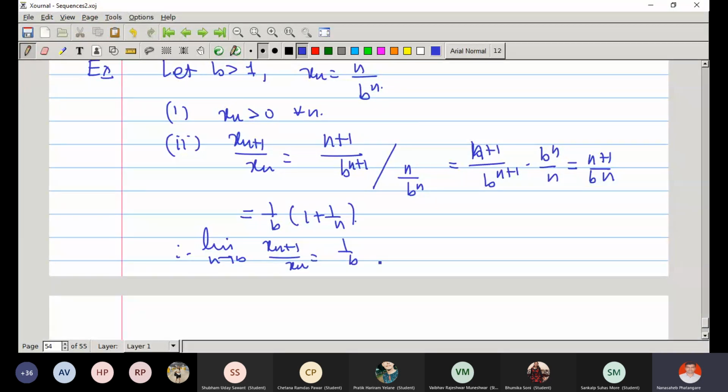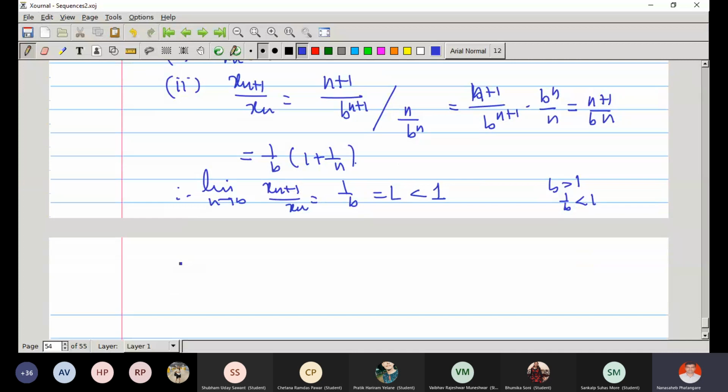And by choice, what is our b? b is greater than 1. So 1 by b is less than 1. Whatever b you select, if it is greater than 1, then 1 by b is certainly less than 1.